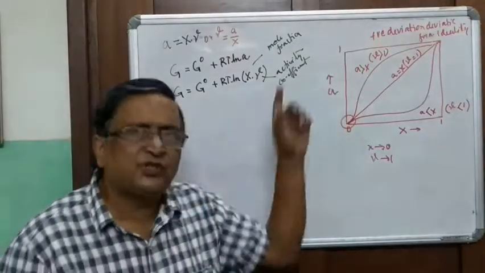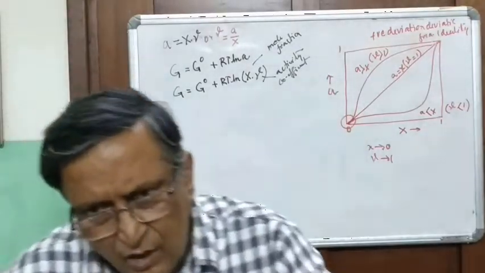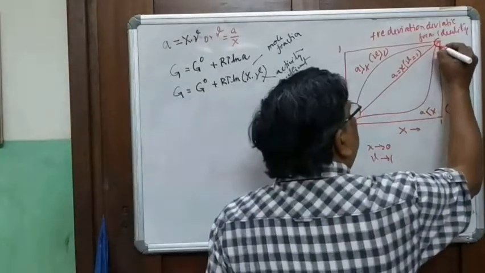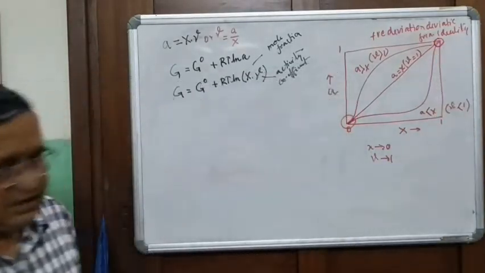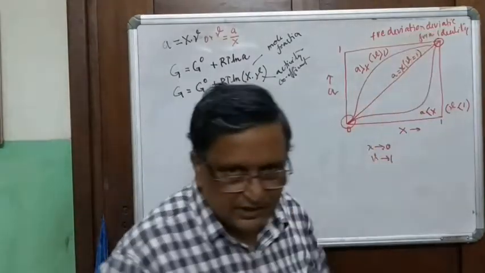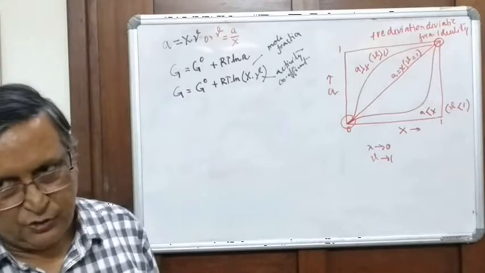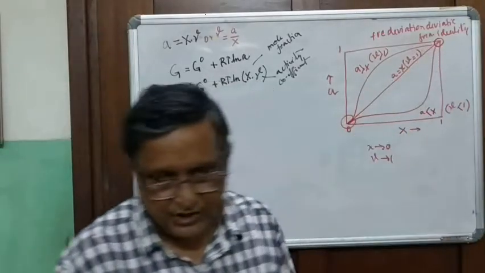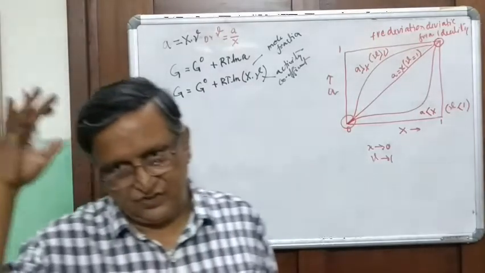That means most solutions, ideal or non-ideal, tend to behave as an ideal solution. Ideal solution remains ideal solution, but non-ideal solutions also tend to behave as ideal solution in extreme cases.